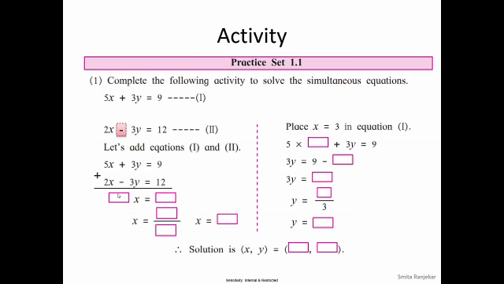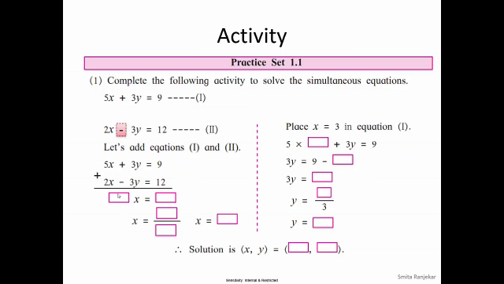First one is 3a plus 5b is equal to 26. And next equation is a plus 5b is equal to 22. We can either eliminate a or b. If I want to eliminate a, then I have to multiply equation 2 by 3.